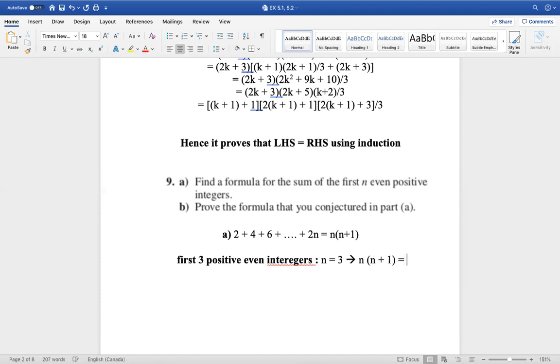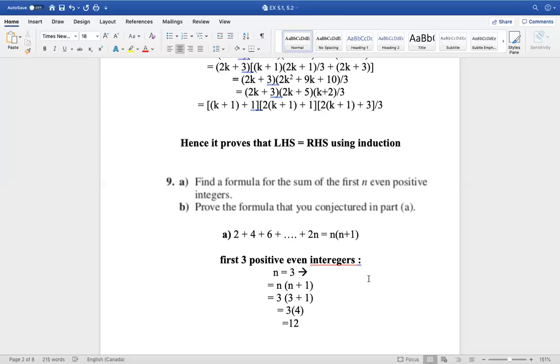So if we put 3 into 3 plus 1, which is 3 into 4, which is equal to 12.